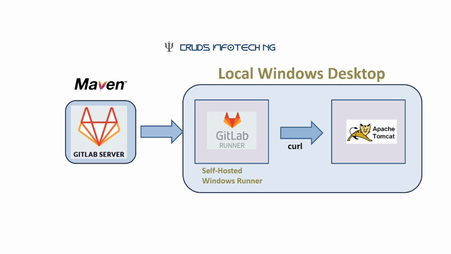After that, just to keep this a little engaging, I will pull the Git repository, which is on the GitLab server, a code which is based out of Maven, a simple Java-based Maven web application, and use the locally installed tools like Maven and Java, which are put up on the path of this local runner, and then compile it, package it. Maybe use a simple curl that is also installed on the local machine and go ahead and do a deployment onto a Tomcat server, which is also running locally on a Windows desktop.